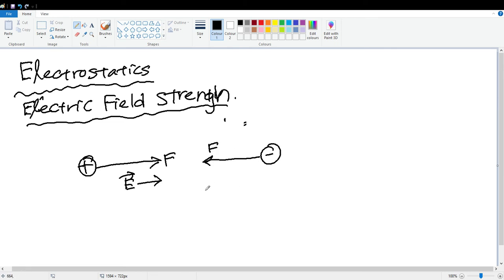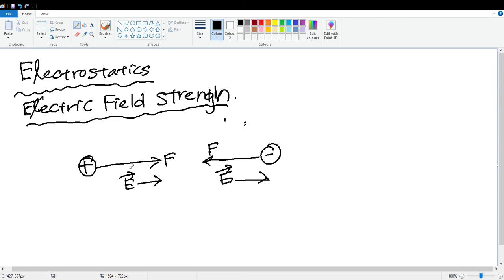So the electric field strength acting on the negative charge is opposite to the direction of force of the negative charge, which is towards the right, since the electric field strength is always in the same direction as the electrostatic force on a positive charge.